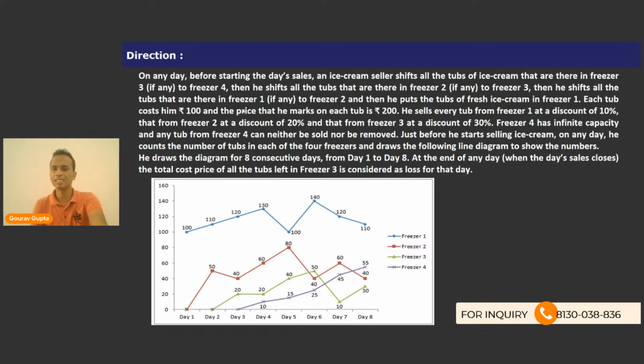So these are the things that I should be accounting for. I'm giving you a few more minutes. I want every one of you to read this data and understand it before I take you to the analysis of this data.